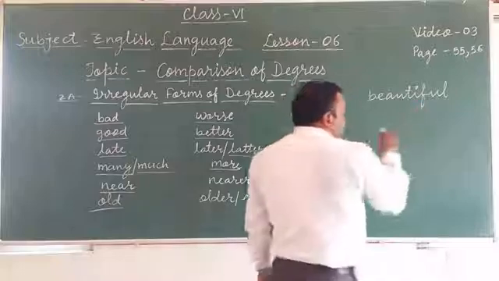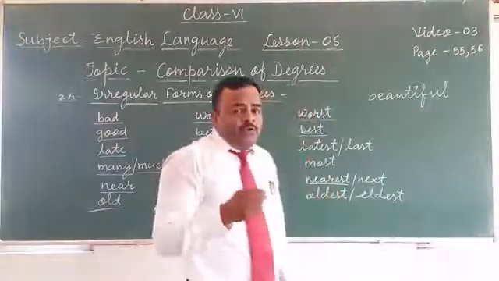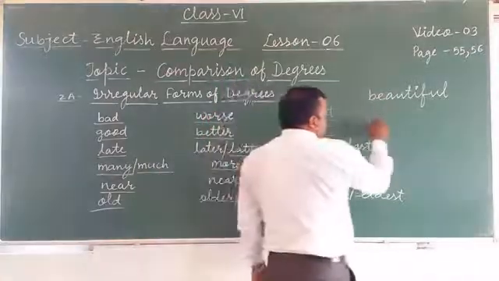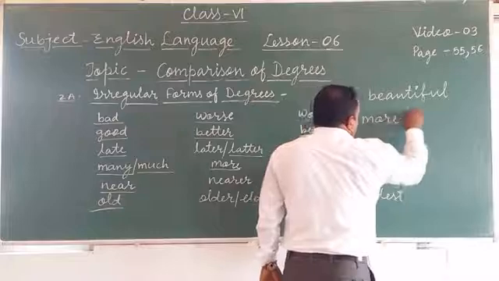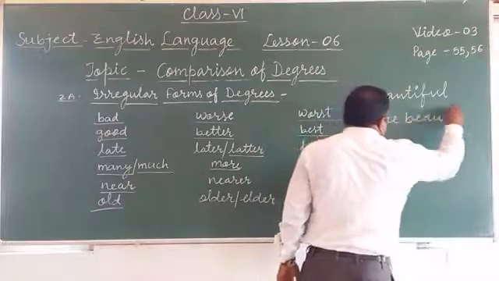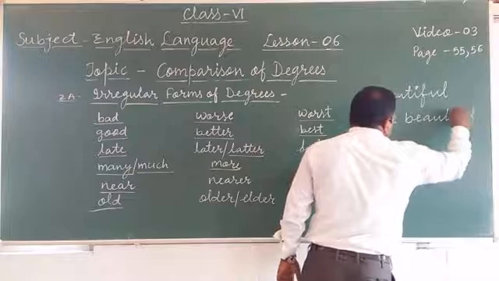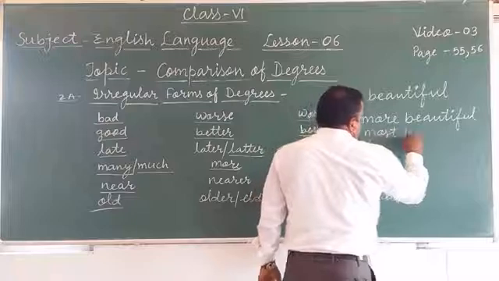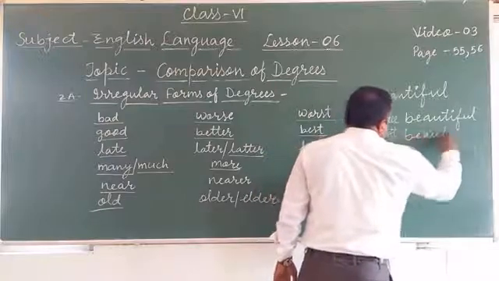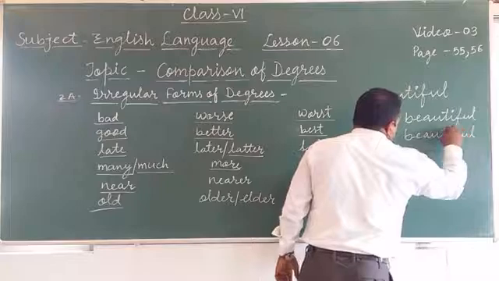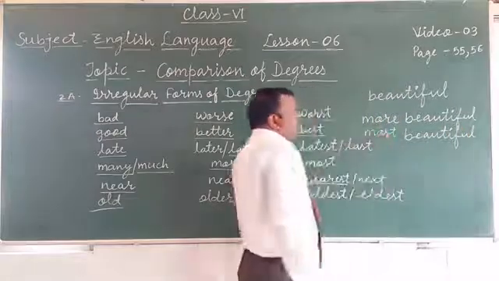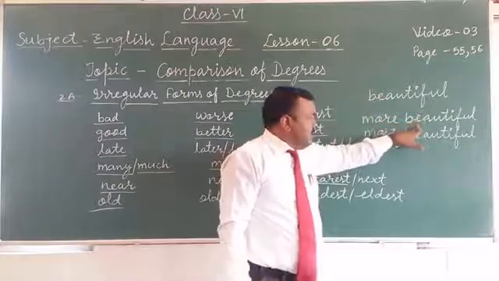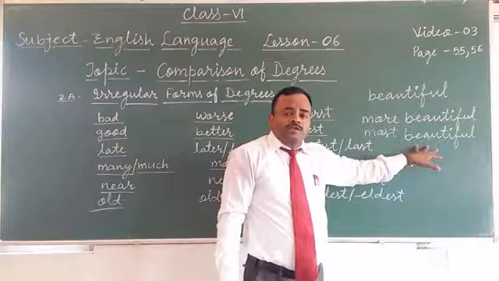They are made comparative and superlative by adding more and most. So what will be the comparative? Comparative will be more beautiful, and superlative will be most beautiful. Here beautiful is positive, more beautiful comparative, and most beautiful superlative.